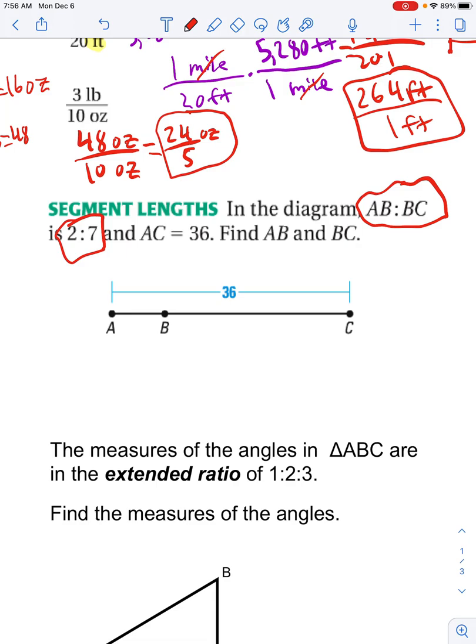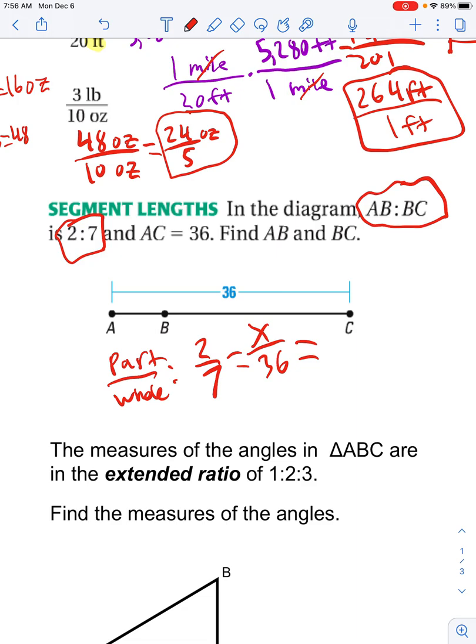Find AB and find BC. So I'm going to say again, everything I do, I'm going to keep part to whole relationships. So I'm going to say, okay, am I looking for part of it, or am I looking for the whole thing? And I was given this relationship of 2 to 7. Now, I don't know what AB is, but I do know that the whole thing is 36.